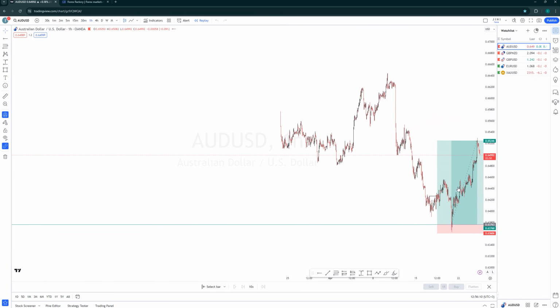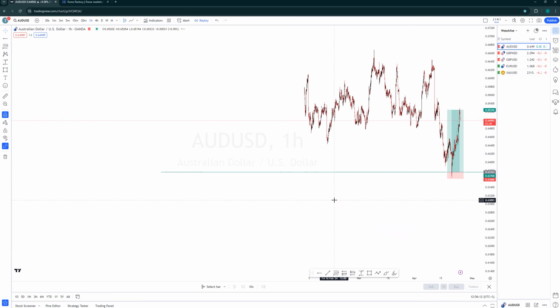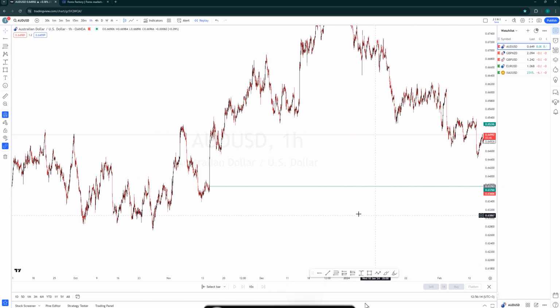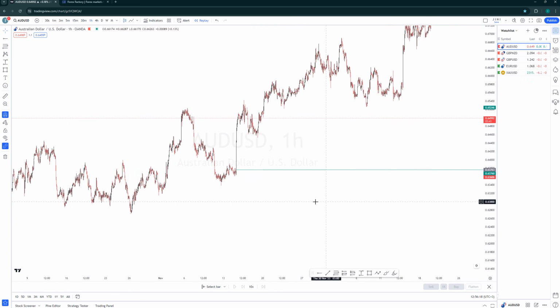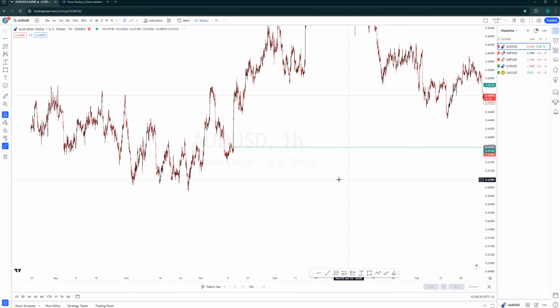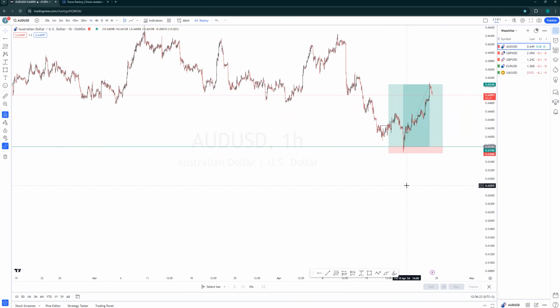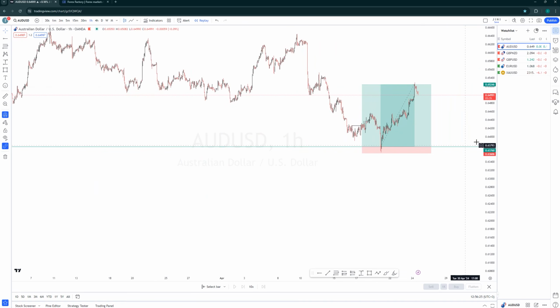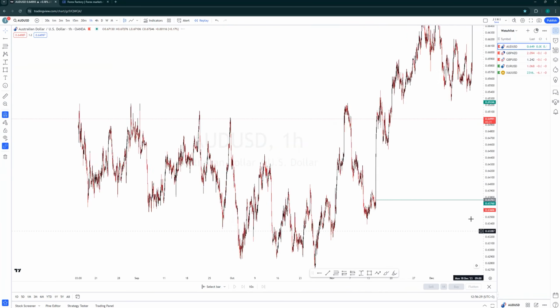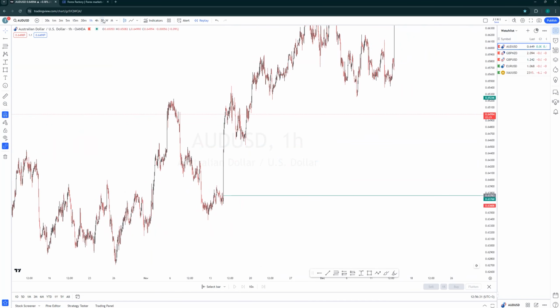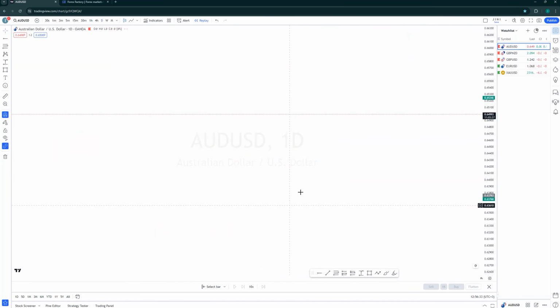The last one is this AUD USD. It was a very simple trade, but I also used some scenarios that I know my students know. As you can see, this was the break of market structure. This was the daily break of market structure. Let me show you.